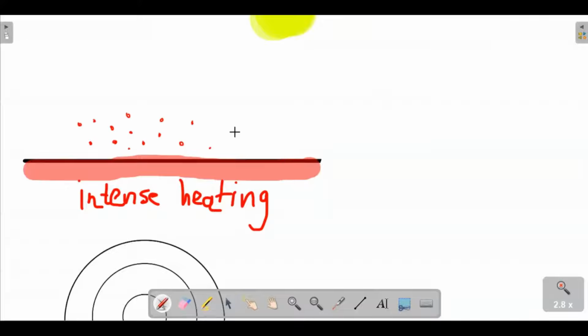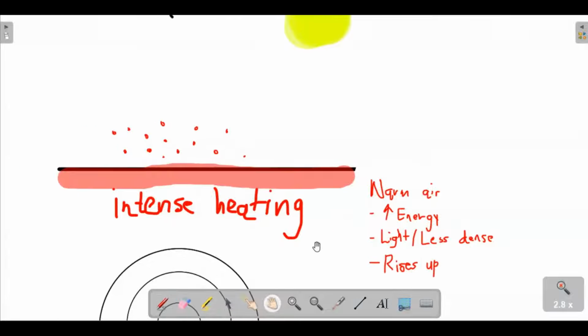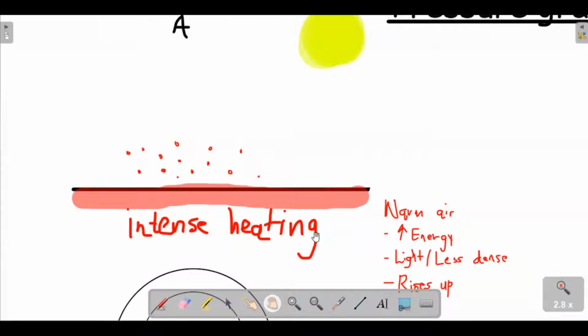And warm air, what are the characteristics of warm air? First of all, it has a lot of energy, and it is light, or less dense. Because it is light and less dense, it rises up. I did make an example in the previous video of a bucket and a Coca-Cola can.